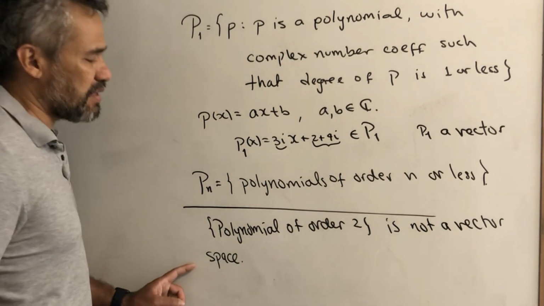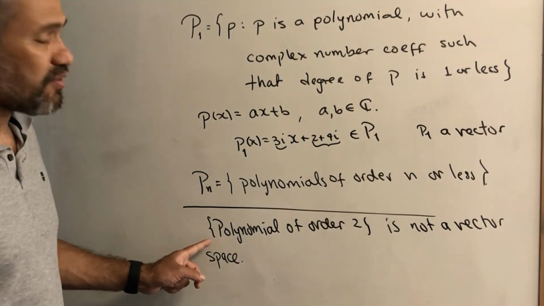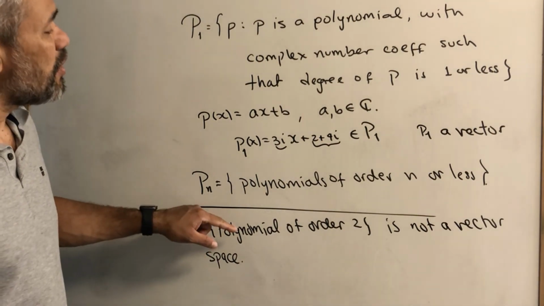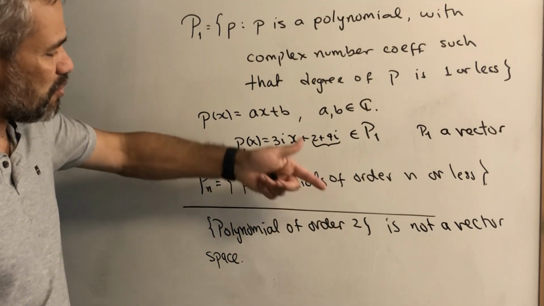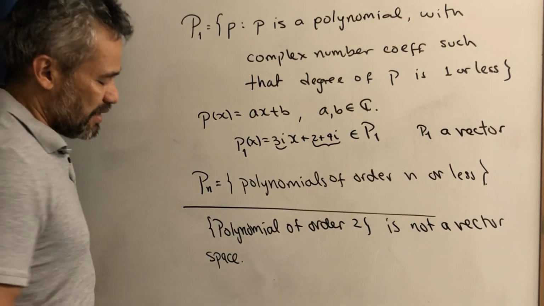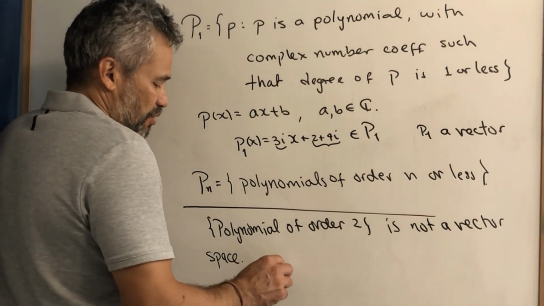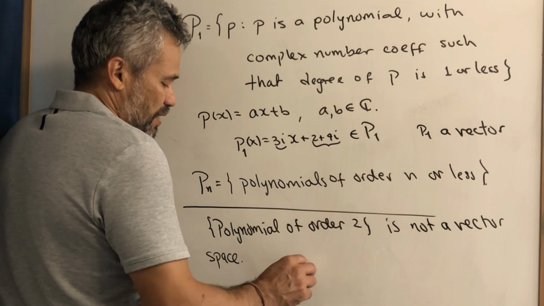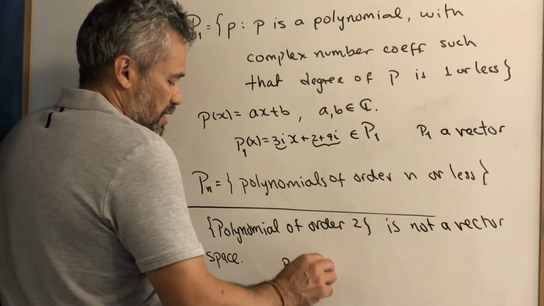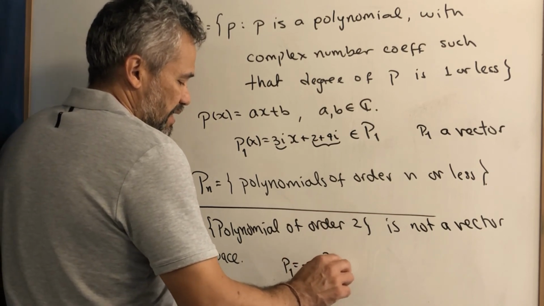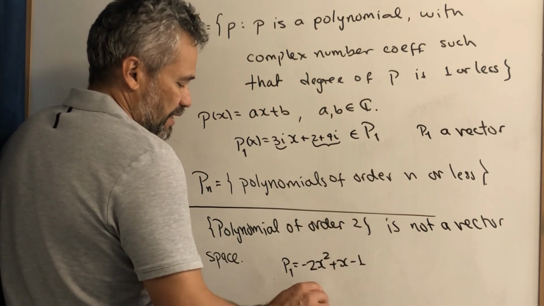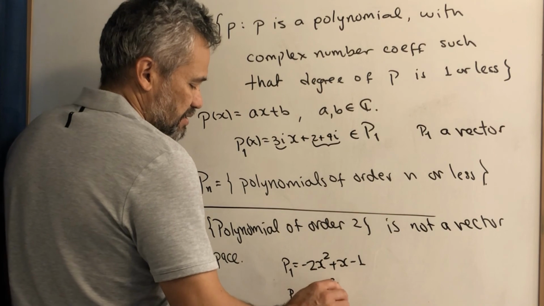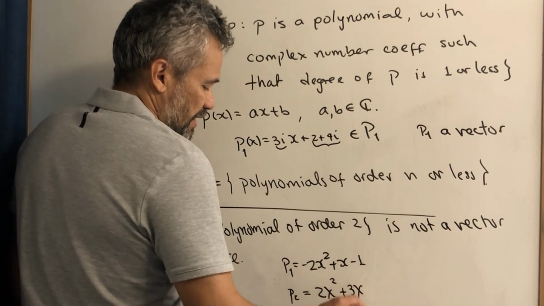And the reason is that one of the conditions to be a vector space is that when we add two vectors, we're supposed to get a vector in there. Let's say that we have the polynomial p1 equal negative 2x squared plus x minus 1, and p2 of x equal 2x squared plus 3x.